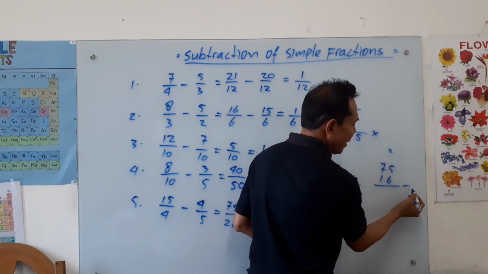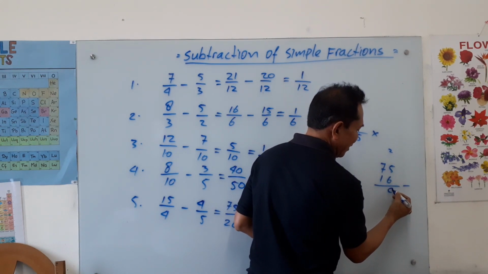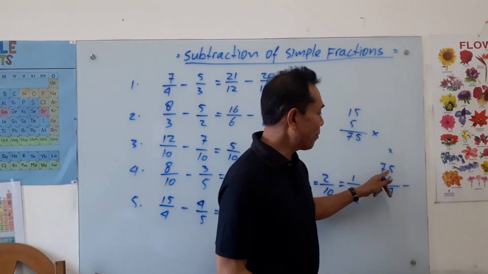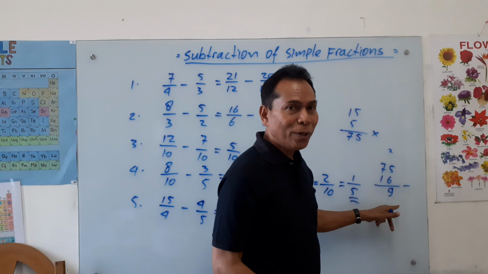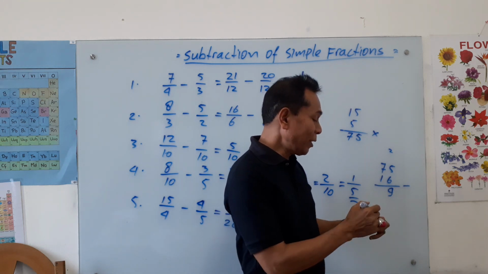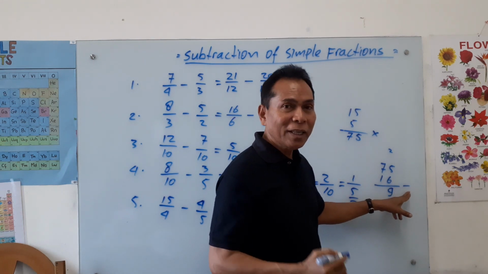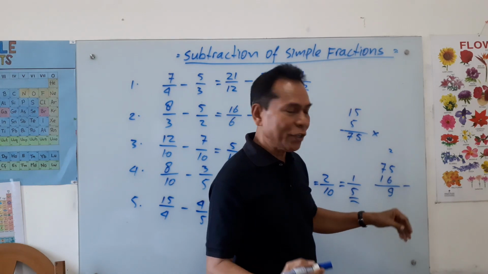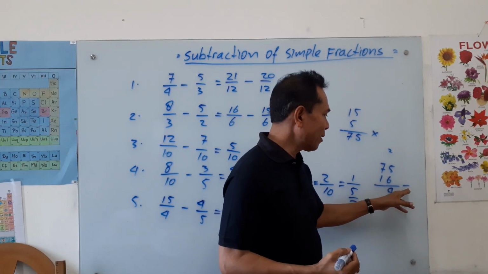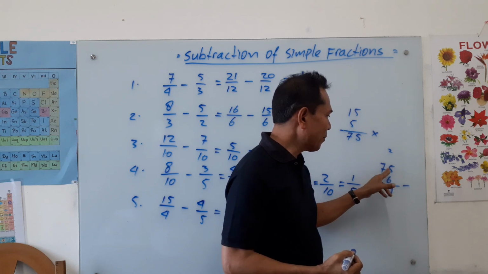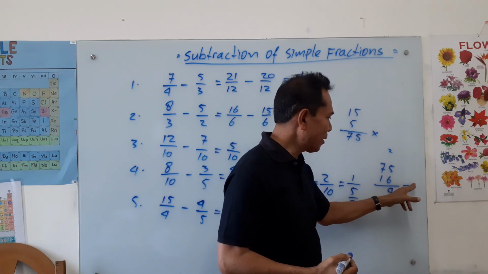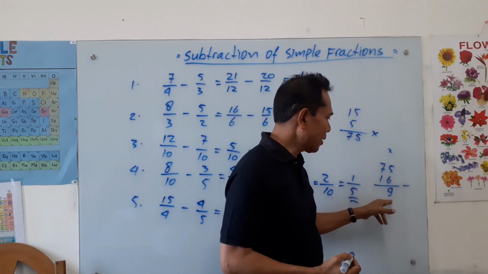Or 15 minus 6 is 9. Remember, this becomes 15. 15 minus 6 is 9. Or 9 plus 6 is 15. The opposite of addition is subtraction.